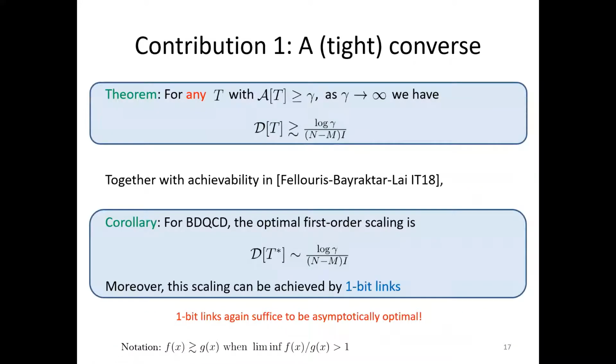So that means the optimum first order scaling can be achieved by 1 bit links. Okay, yeah. So this is our first contribution, and in the following, I'll talk about how to prove this tight converse.